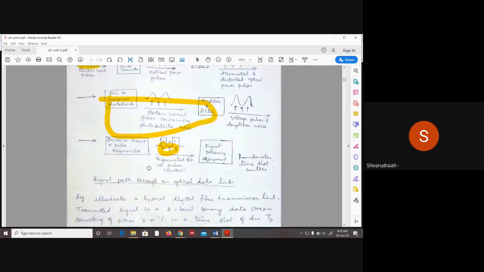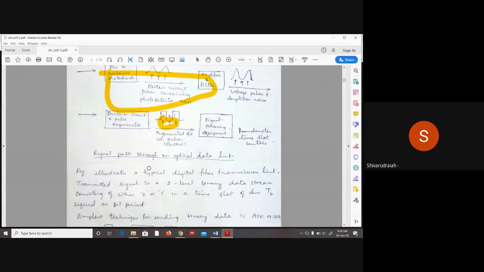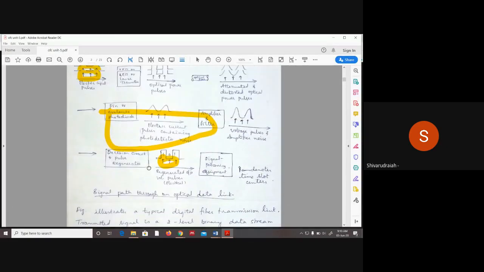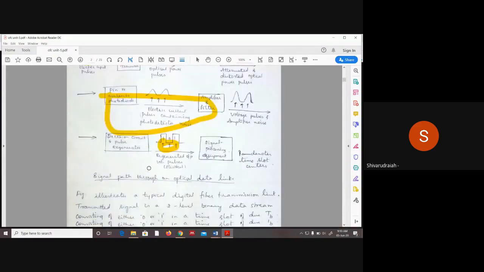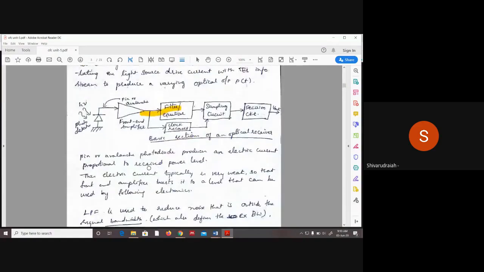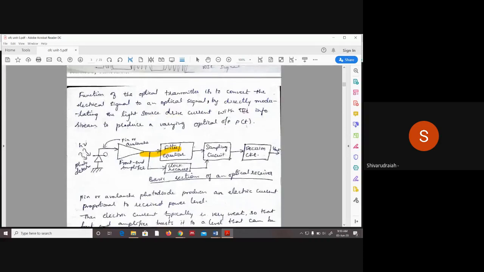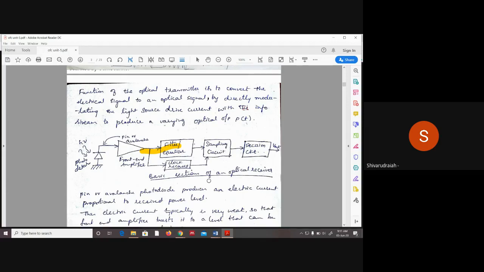This is the signal flow path through an optical data link starting from the transmitter to the receiver. Okay. But the actual block diagram of the optical receiver section is this, which consists of a photodiode, front-end amplifier, filter or equalizer, along with the clock recovery block, and sampling circuit in order to fix the time slots, decision circuit in order to distinguish between logic 0 and logic 1 pulse. Fine.